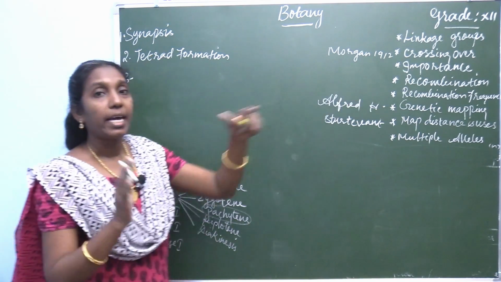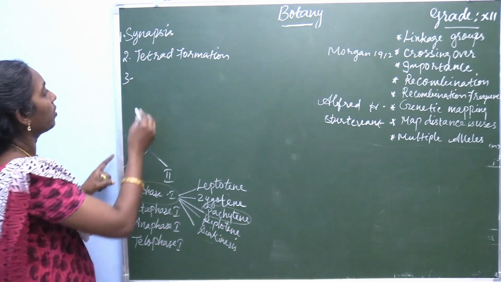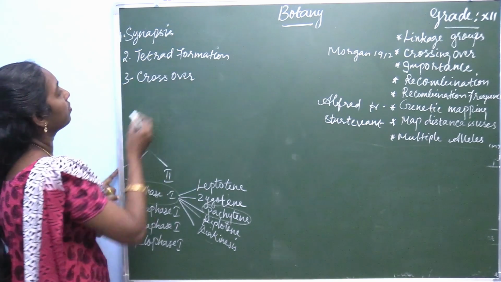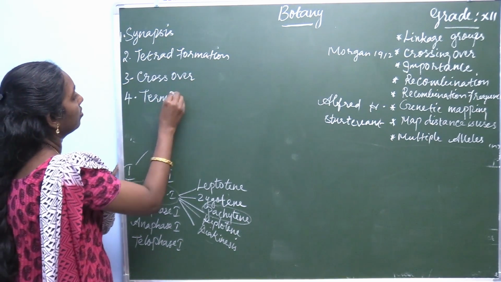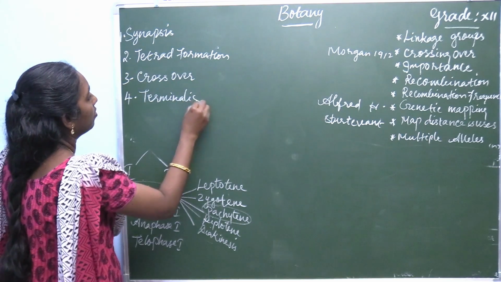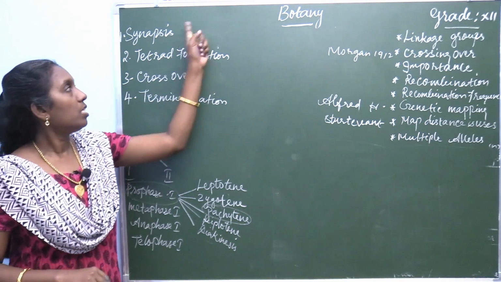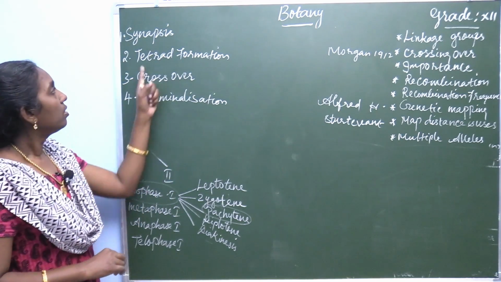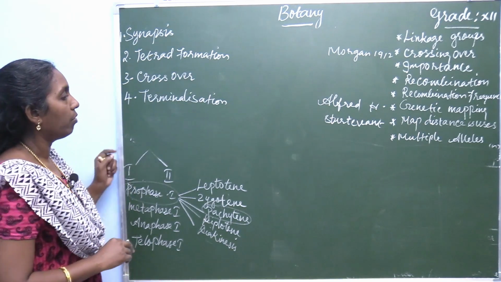And fourth, terminalization. These are the 4 stages involved in the mechanism of crossing over. Let's see them one by one.